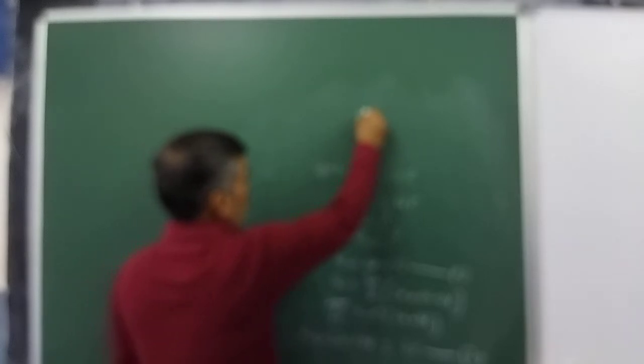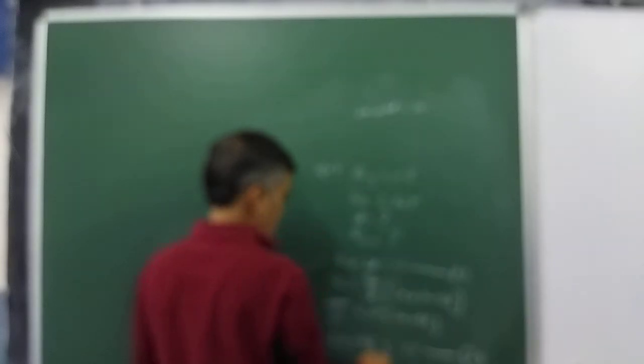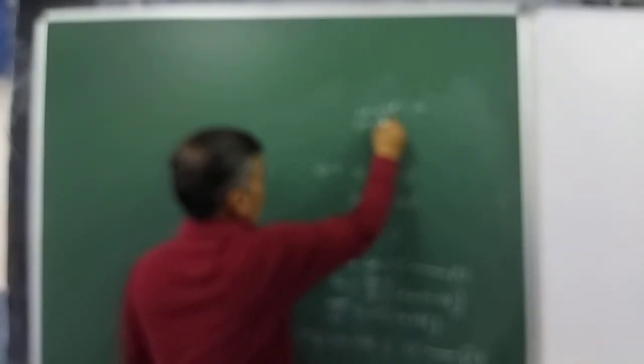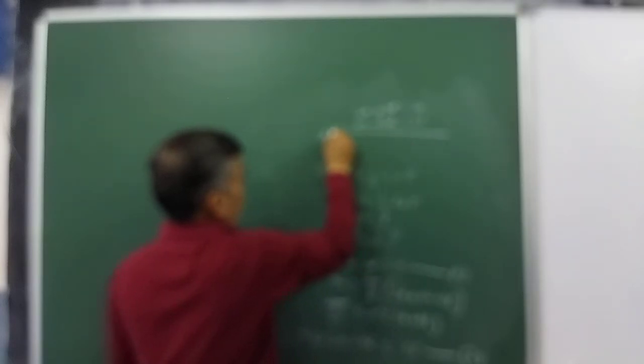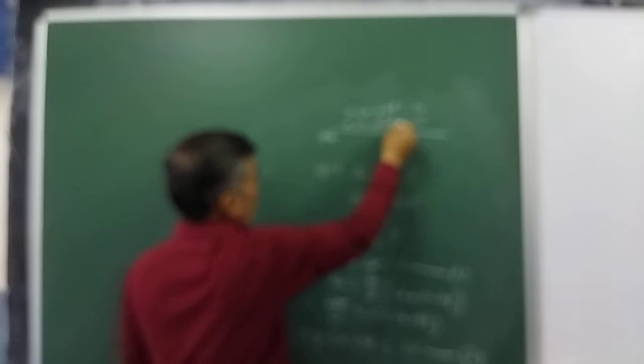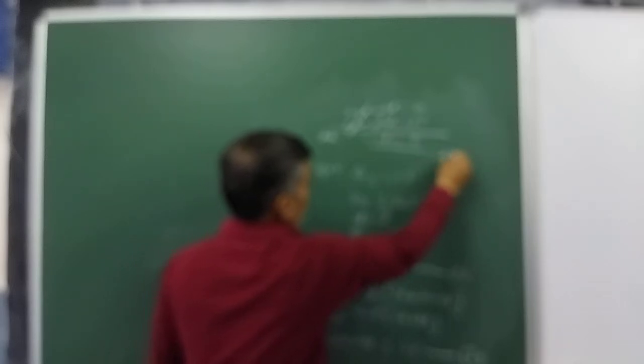So now you can see if I use the elimination method, 1 into 2, 2a plus 4d is equal to 30, and here it is 2a plus 9d is equal to 25. You subtract here, elimination method I am using, this is gone, minus 5d is equal to 5, so therefore d I am getting is equal to minus 1.